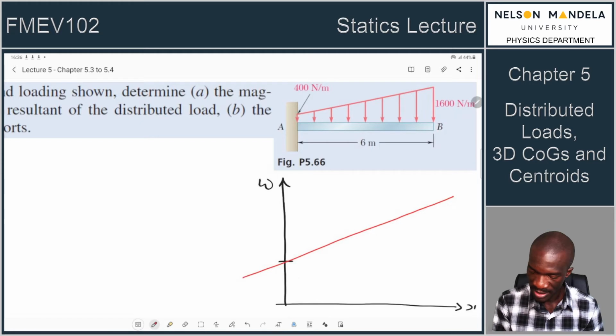And that is straight to our support. So our support is down here. I'm just exaggerating it so that we can easily tell what's taking place here.